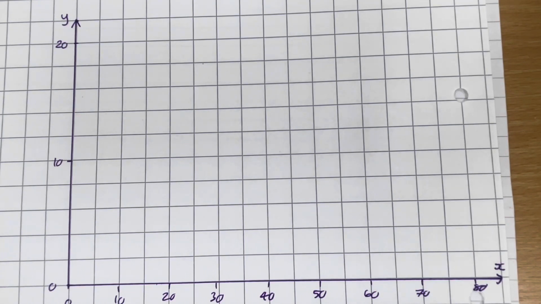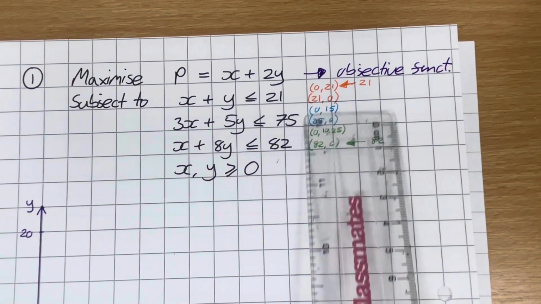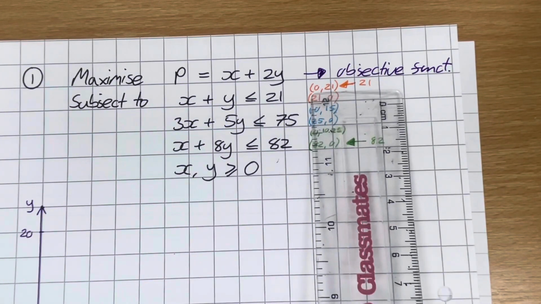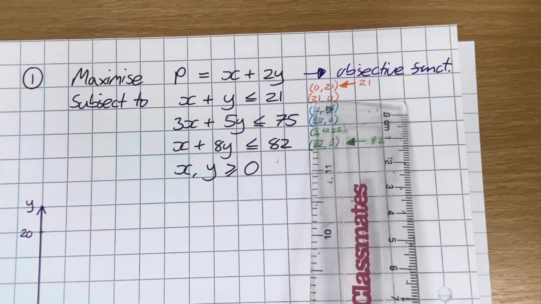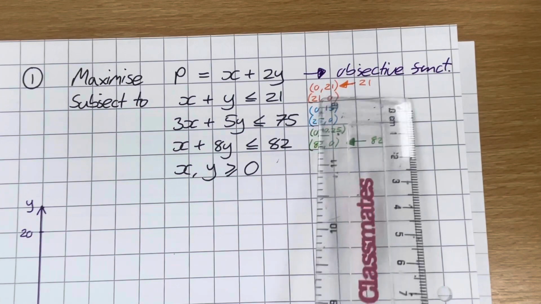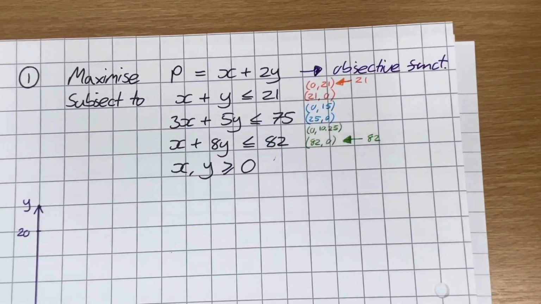Now, in an examination, you won't have access to all these multitude of coloured pens, but just for this video, I'm going to colour code these constraints so we can see which one is which. Okay. So this first one is going to go from 21 on the x-axis, and then 21 on the y-axis.